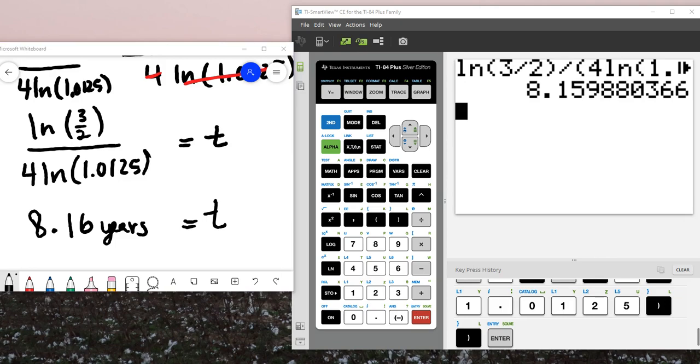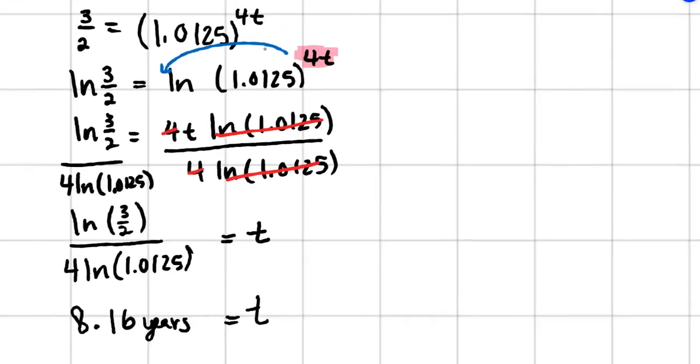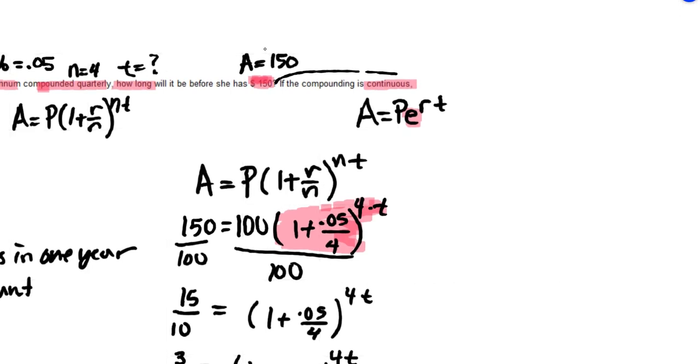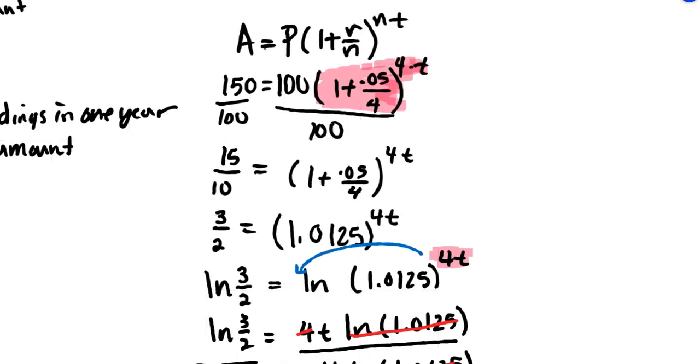So now we want to do the second part of the problem, which if you remember was that we want our interest to compound continuously, and when interest is compounded continuously, we'll use the formula A equals P e to the rt. So let's take a look at that.